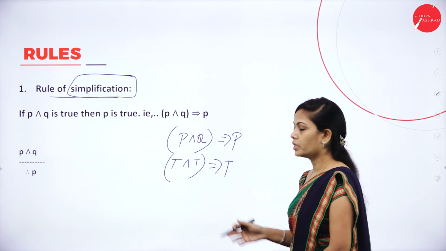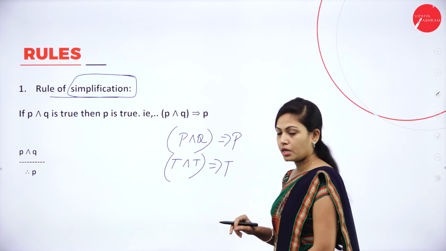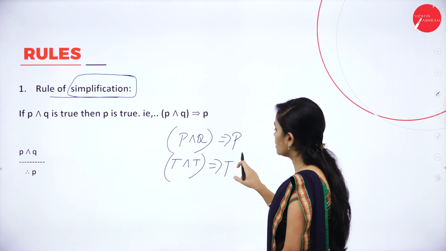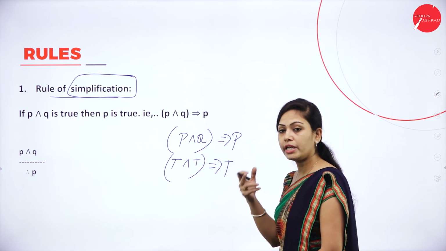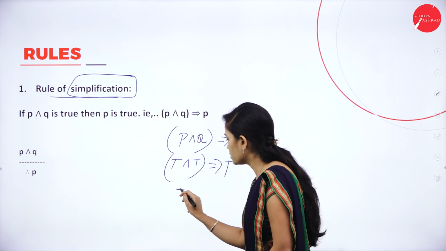Why is it true? You can use the truth table for implication. If P and Q is true, then the P statement is also true in implication. True and true gives true only.